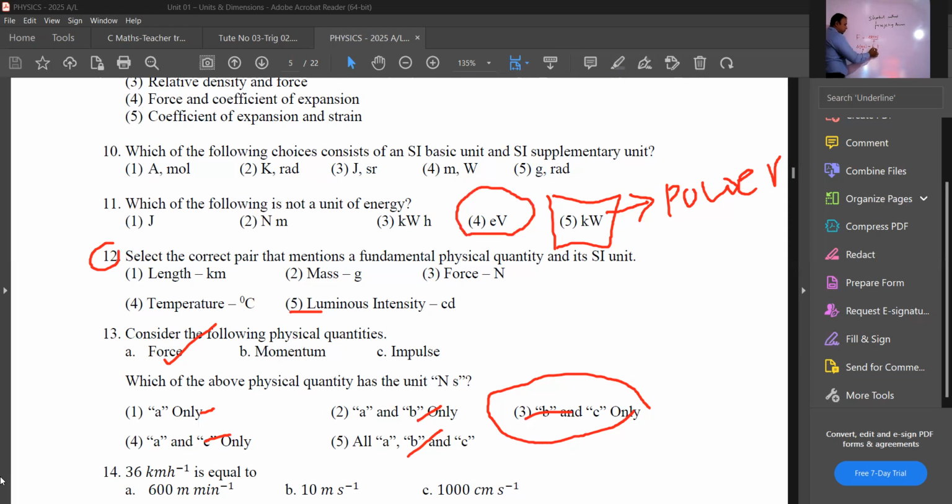So momentum is equal to force into time. That means NS. So the unit of momentum is NS.